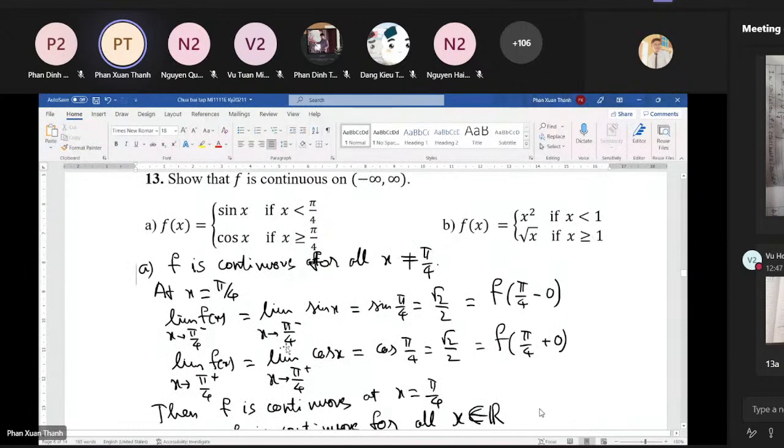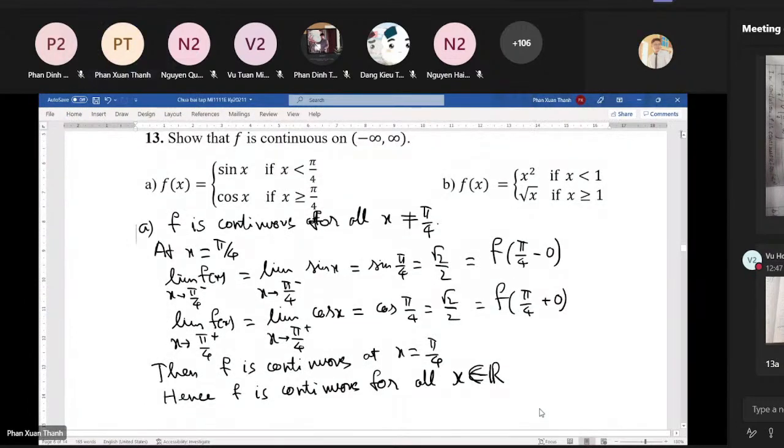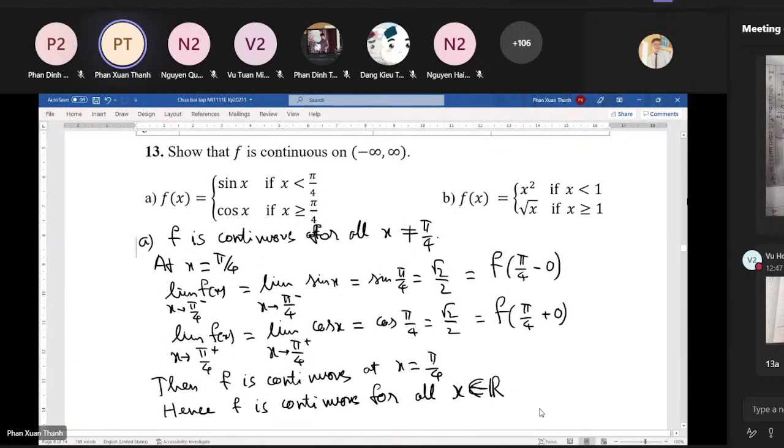Okay, similar for exercise number 12. So at x equal pi over 4, we consider the left hand limit, the right hand limit, and then we have the condition for the continuity at this point.